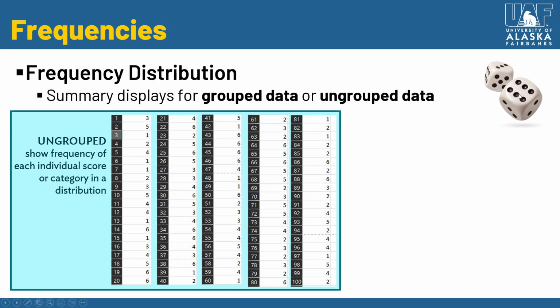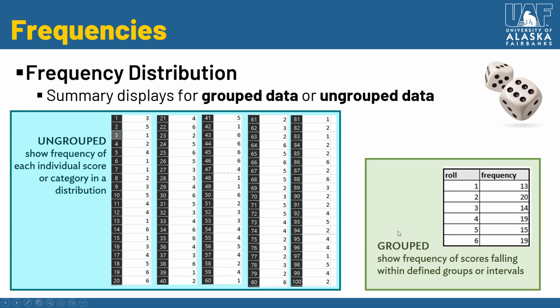So for example here, I used a spreadsheet program, Excel, to randomly generate 100 dice rolls. I asked it to give me random numbers between 1 and 6 and see what we get. The ungrouped is pretty hard to interpret, because we can see there's a lot of numbers here, but it's hard to really get a sense, without looking more closely, of what the most common number was.